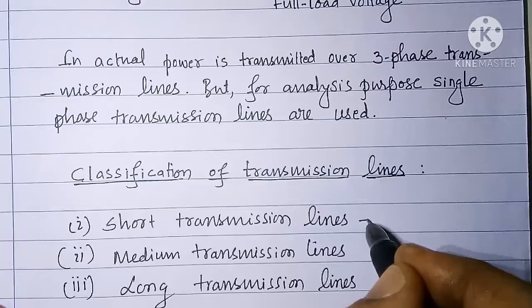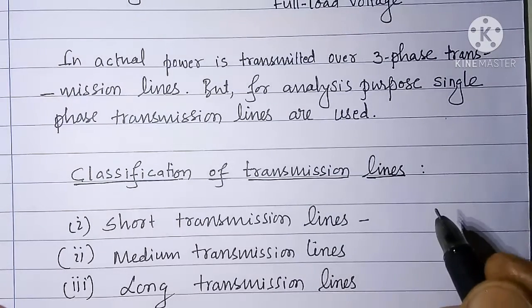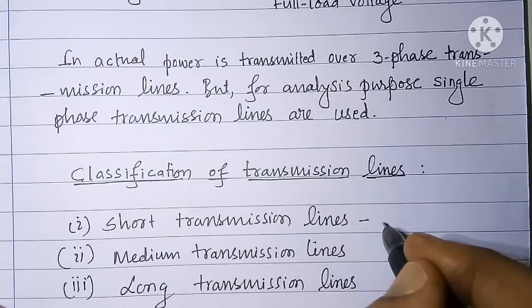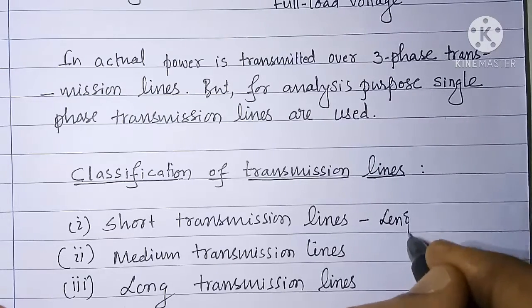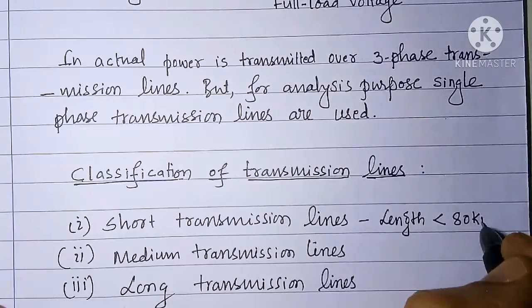Short transmission lines are those transmission lines which are having a length less than 80 kilometer.